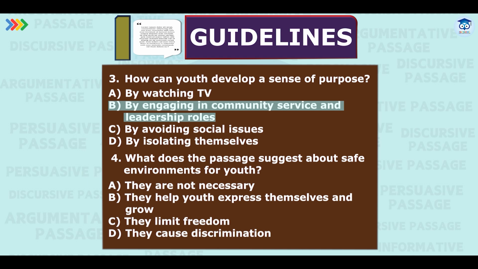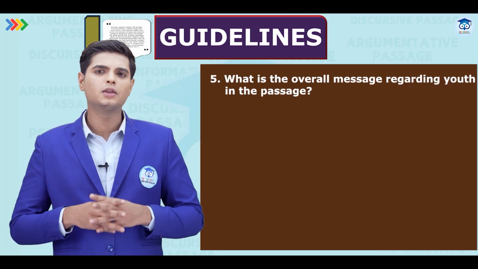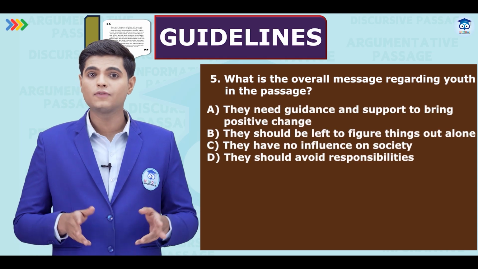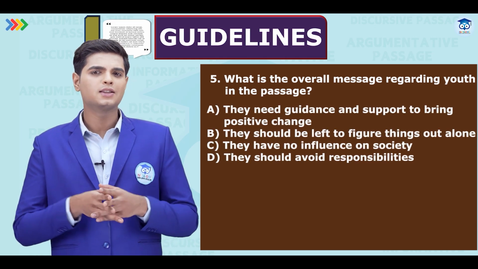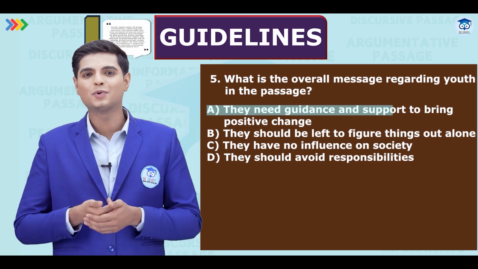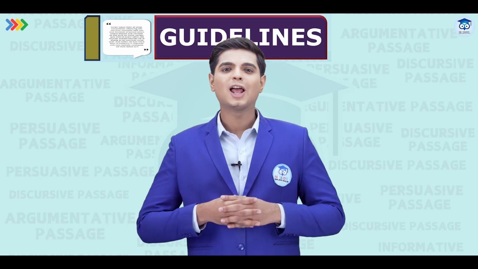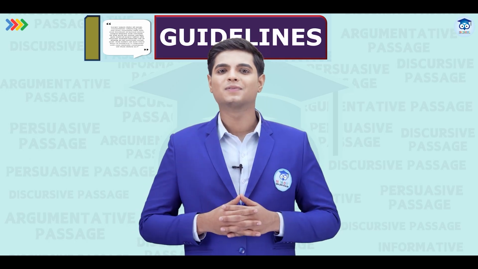Safe environments help youth express themselves and grow. That's crucial for their development. Last one. What's the overall message about the youth in the passage? Do they need to be left alone or do they need guidance and support? Exactly, they need guidance and support to bring positive change. Well done! This way of thinking helps you get to the heart of the passage.